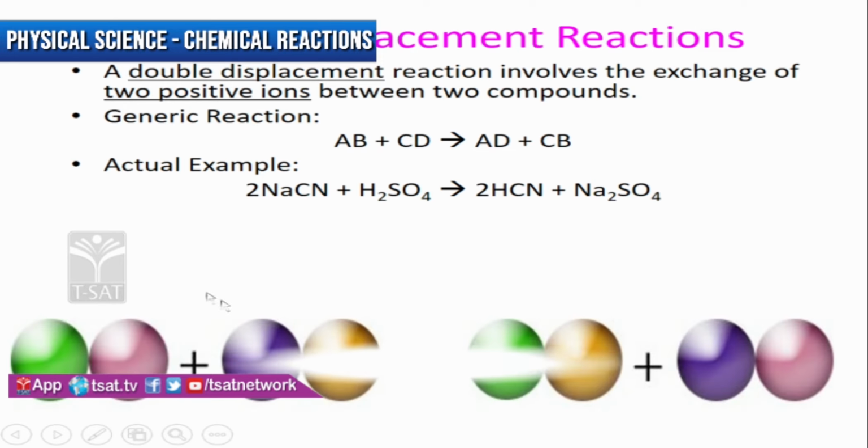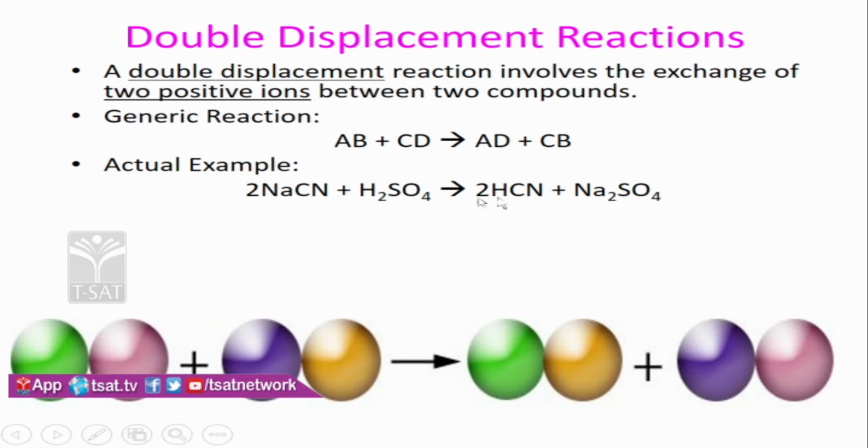Let us go to the next slide. So, double displacement reactions. Generally, double displacement reactions will be among the salt solutions. So, ions will be exchanged from one part to the other part. Sodium cyanide, sulfuric acid, hydrogen cyanide and sodium sulphate.